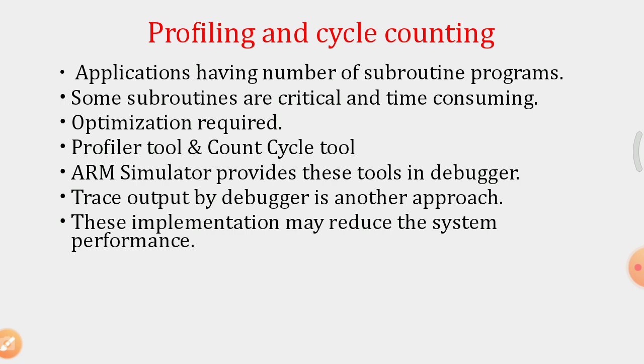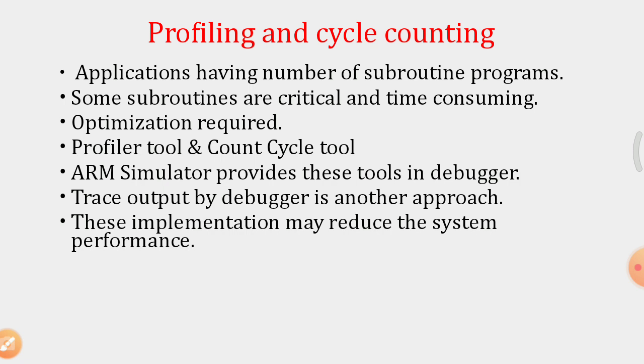Next, the count cycle tool is a cycle counter that measures the number of cycles taken by a specific subroutine. Cycles are nothing but machine cycles. So we have one cycle counter tool which is activated during execution of any subroutine program, and that will count the number of cycles.